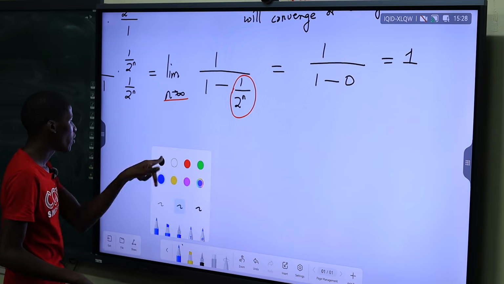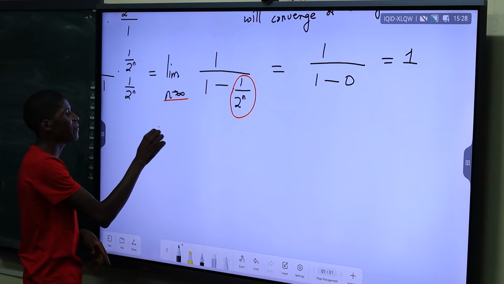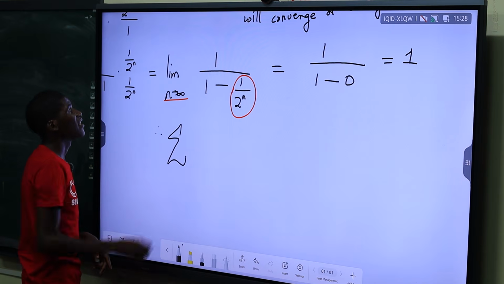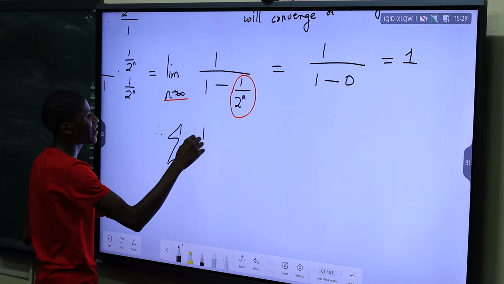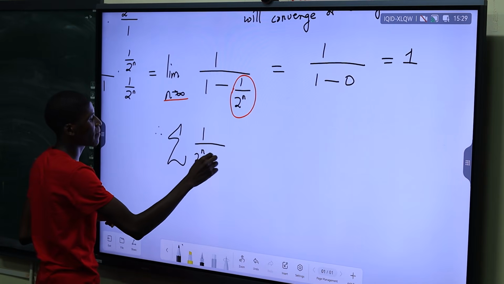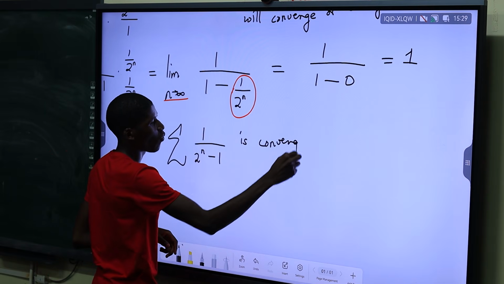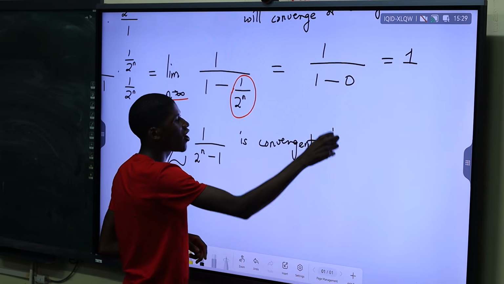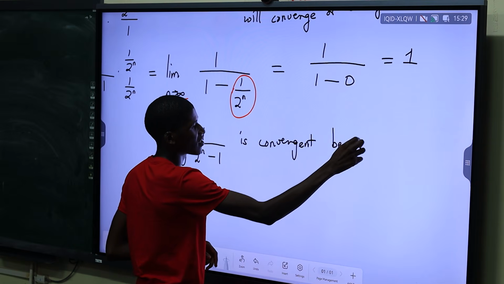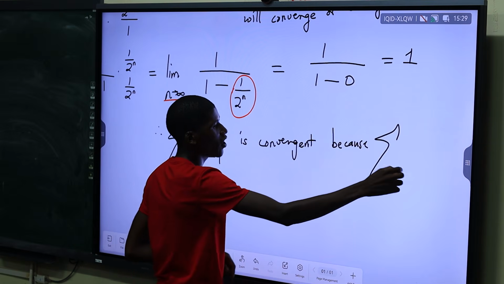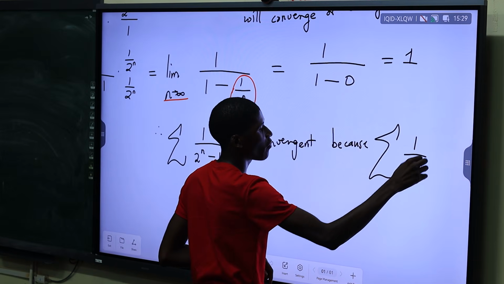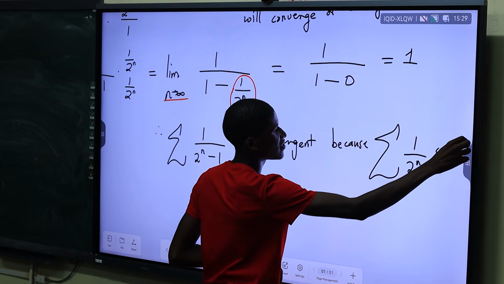So for this one, we would have to come and say ukuthi, therefore, the original series given, 1/2 to the power of n minus 1, is a convergent one. Why is it convergent? Because u-Bn ya-converge. Because 1/2 to the power of n also converges.